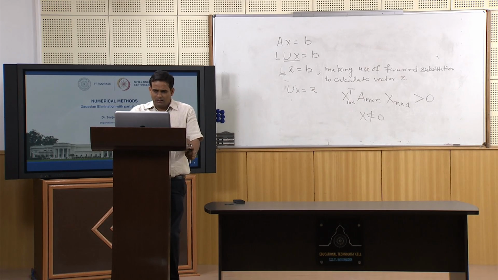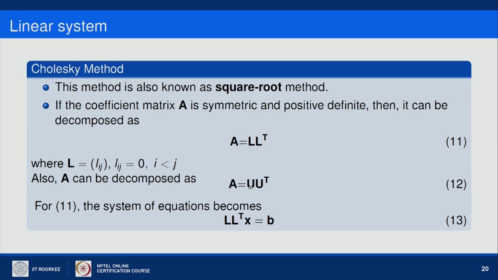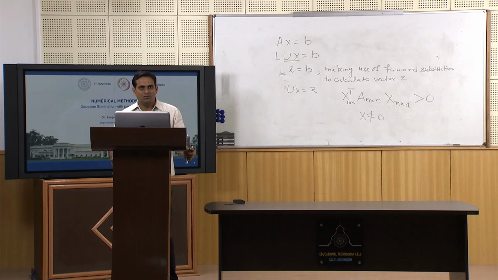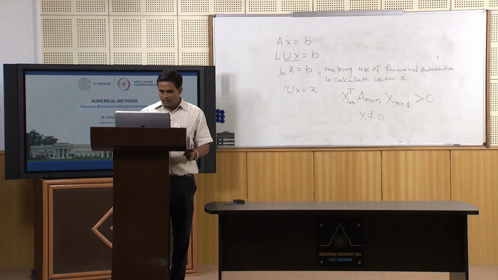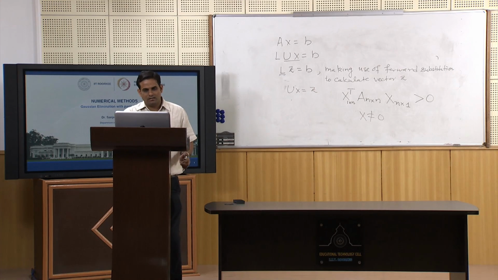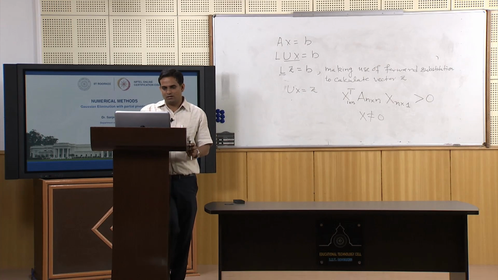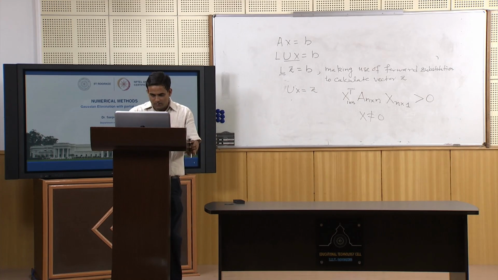In another way, we can write A as the product of an upper triangular matrix U into U transpose. Hence, in the decomposition we need to find only one matrix instead of L and U, either L or U, and then the rest of the process will be similar to the Crout or Doolittle method.